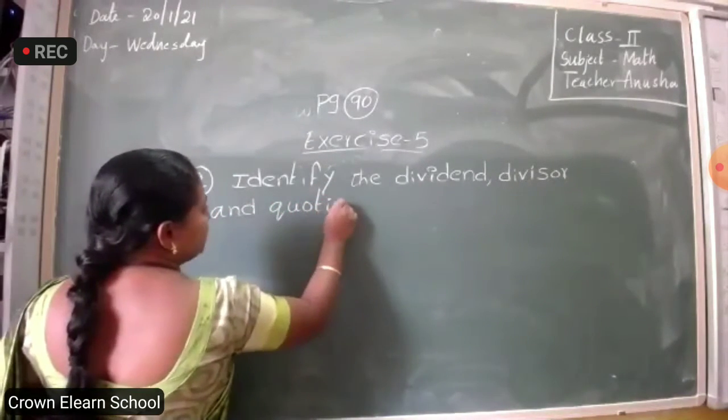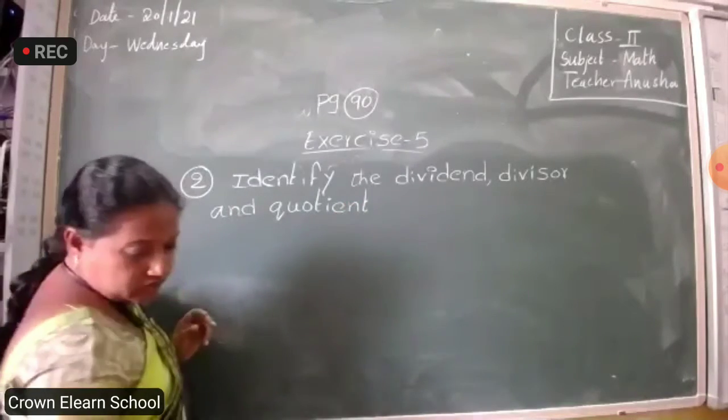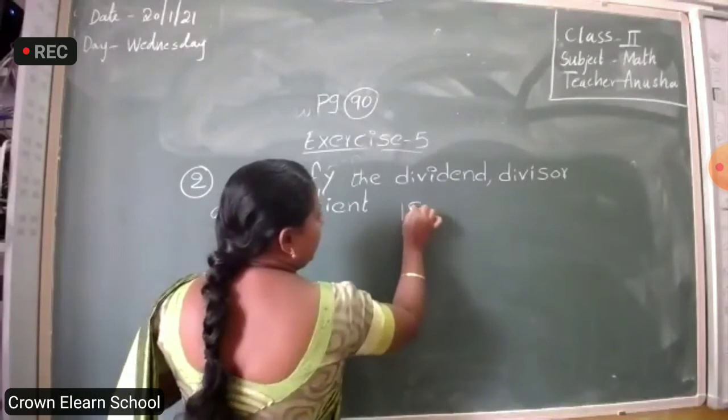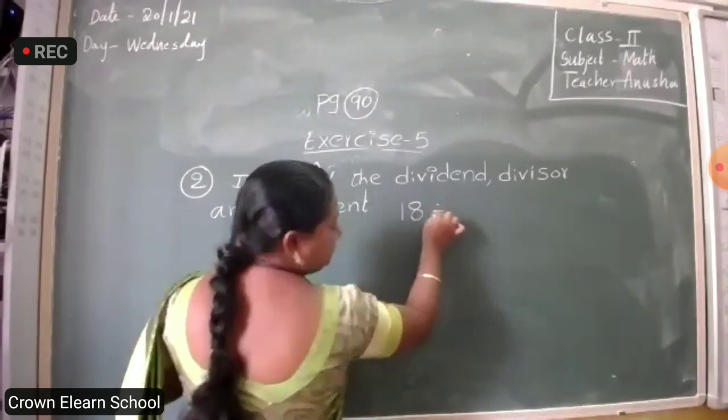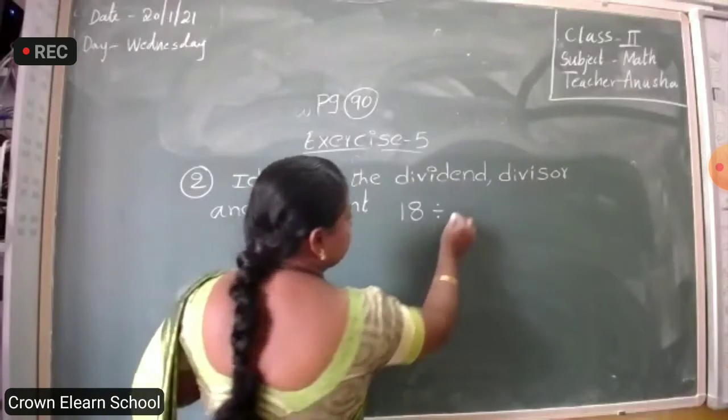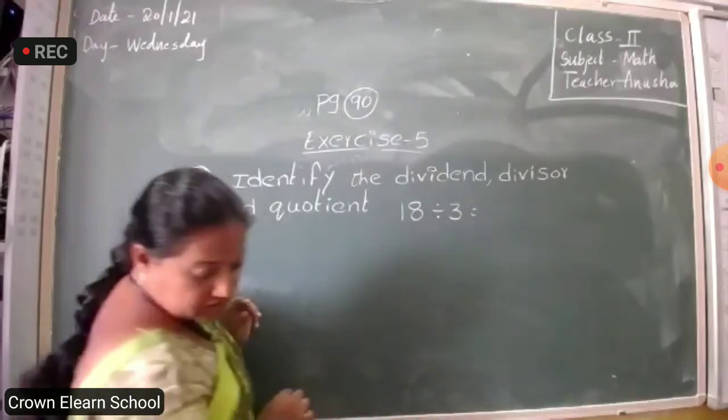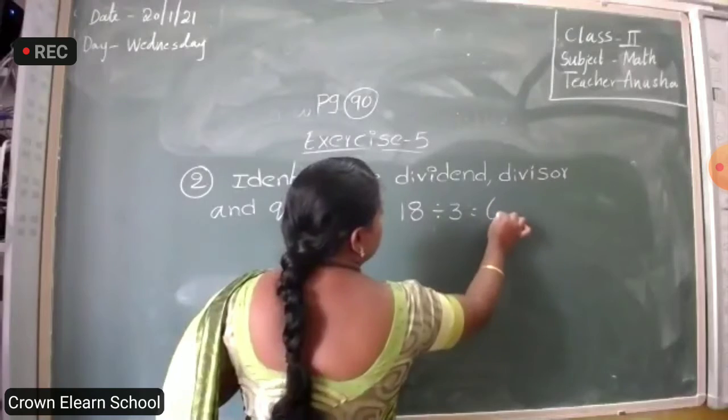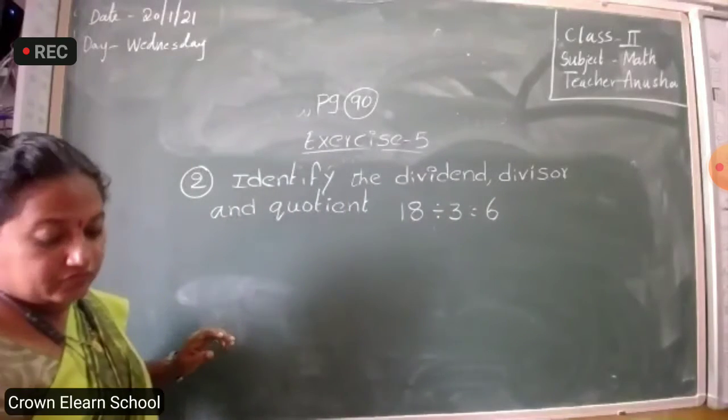Once you look at that one, second Roman, in that what they give? 18 divided by 3 is equal to 6.